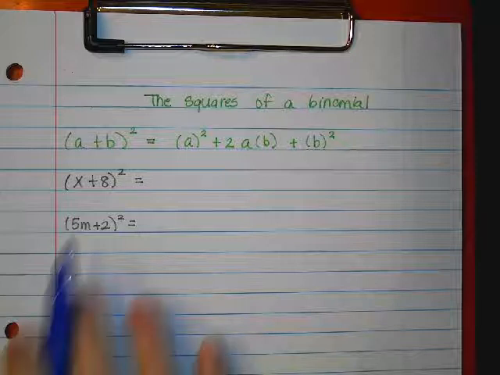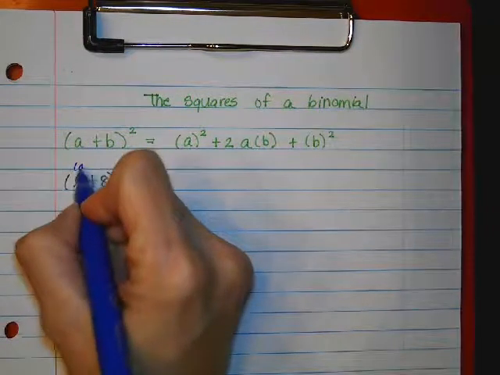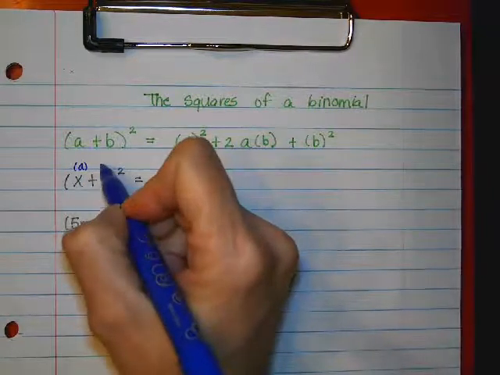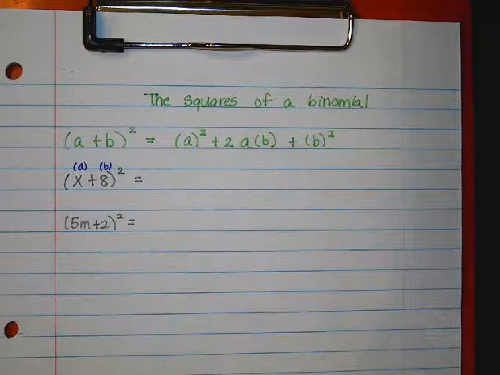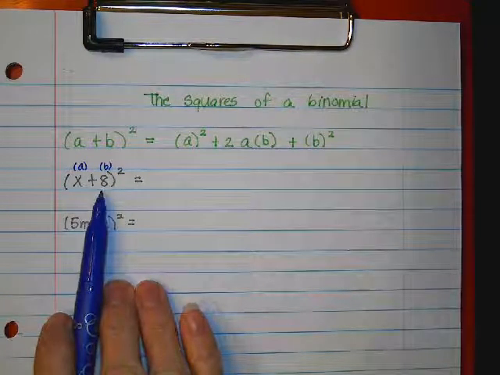In our first term, this x is in the same location as your a, and this positive 8 is in the same location as your b. So my a value is x and my b value is 8.